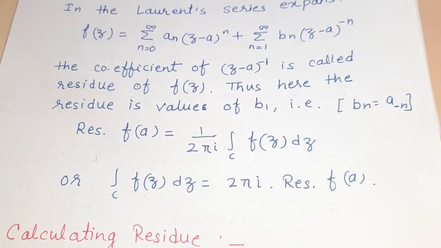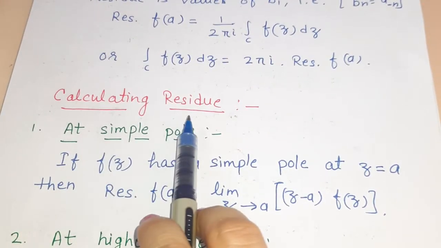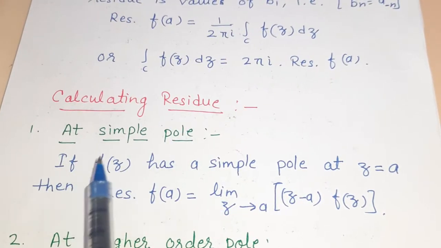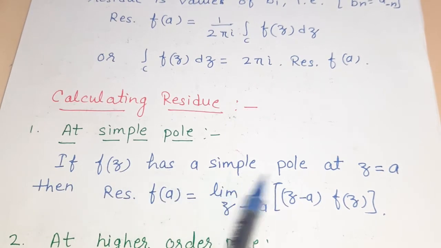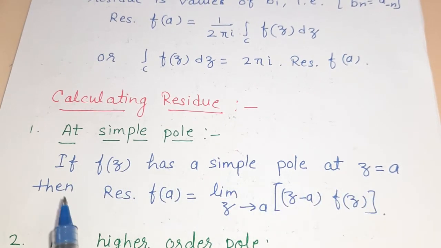Now we see how we calculate residues. First, calculating the residue at a simple pole. If f(z) has a simple pole at z is equal to a, then the residue of f at a is given by the limit z tends to a of (z minus a) f(z).